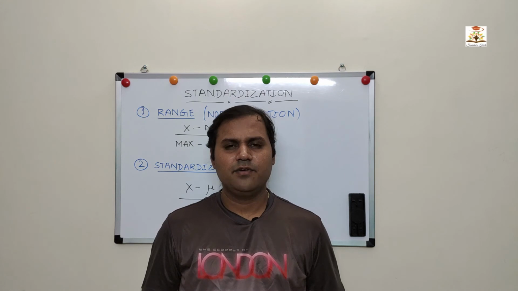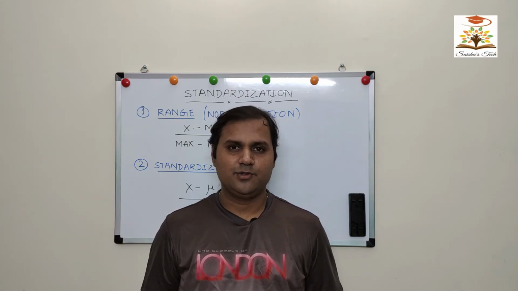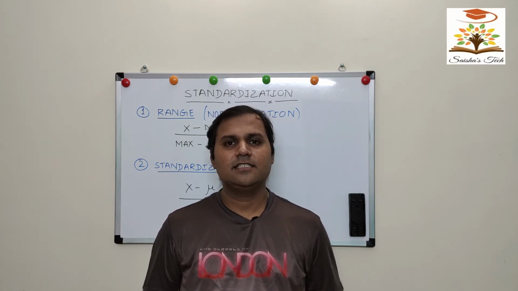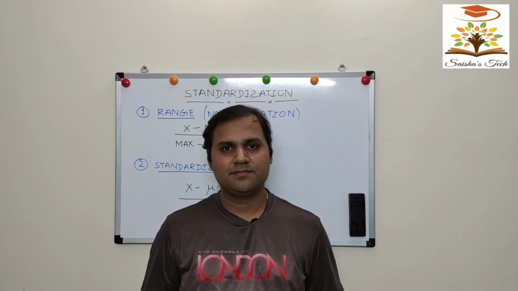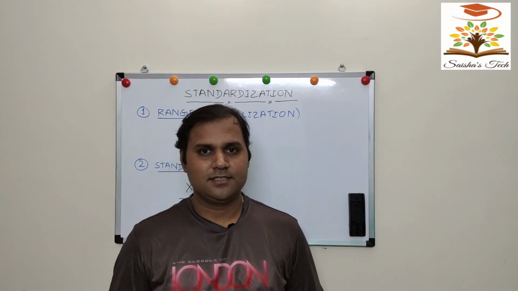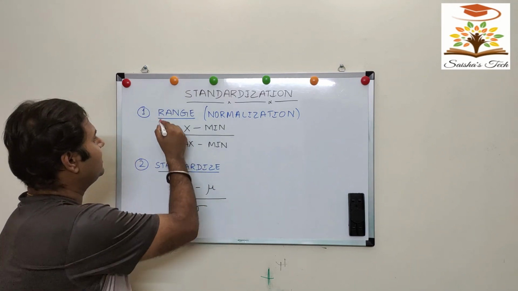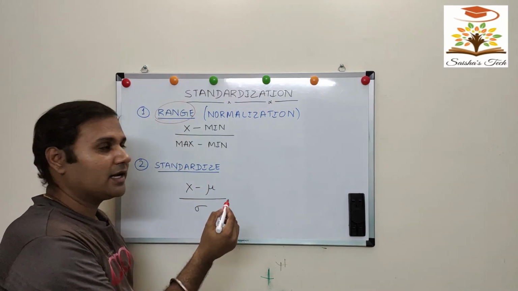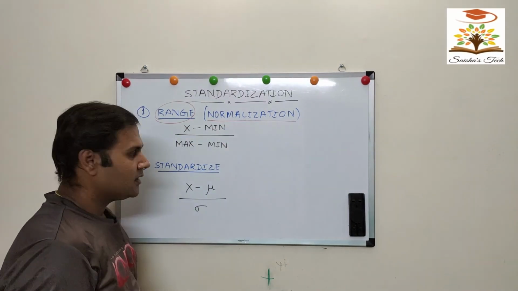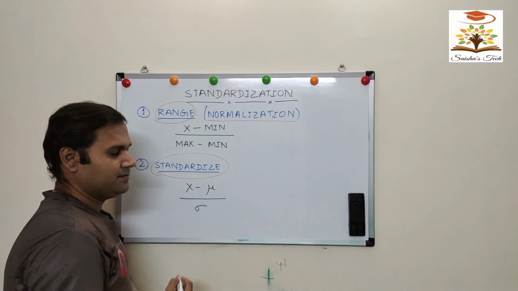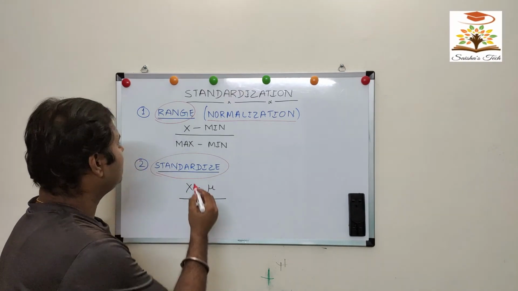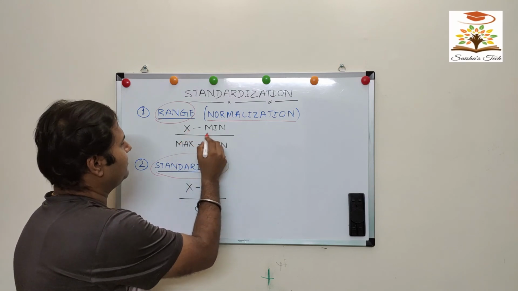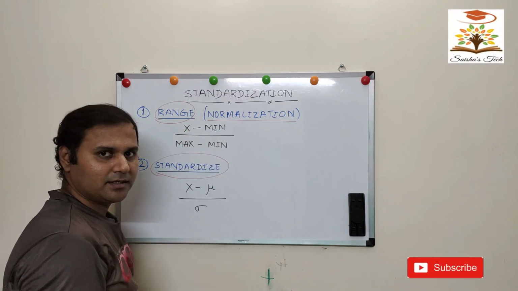Standardization is a technique where you standardize the value of an attribute. Standardization is applied to numeric attributes. There are 2 types of standardization. One is range method, which is also known as normalization technique. Another is standardize method. In range method, we use the formula x minus min divided by max minus min.